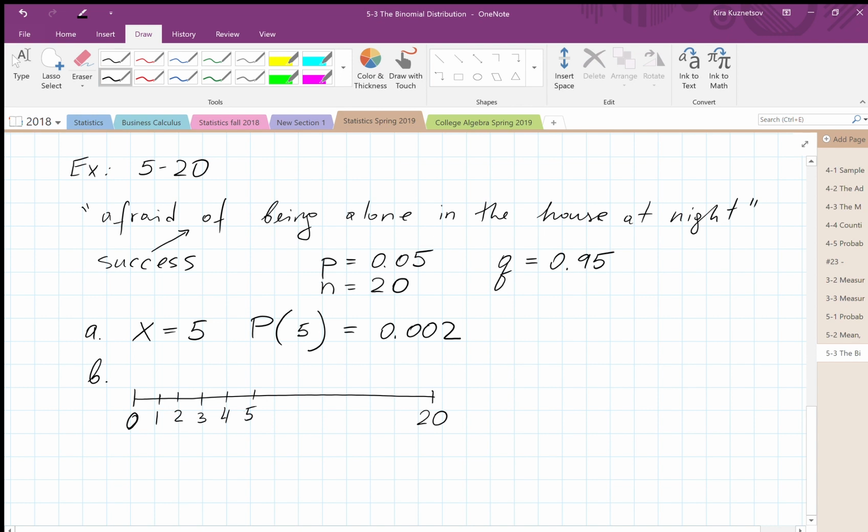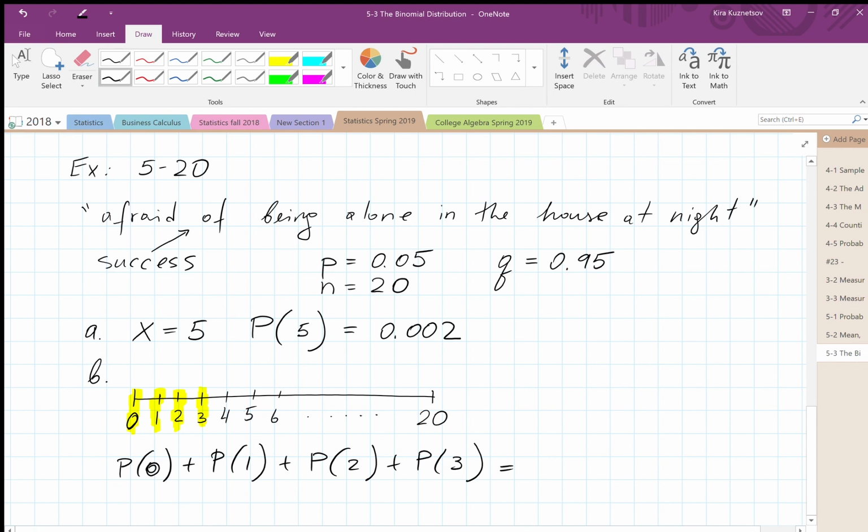I'll label it like this. In part B, they're saying at most 3 people. So they want the 3 people, but this is at most. So what you need to do is add the probability of 0 plus the probability of 1 plus the probability of 2 plus the probability of 3.